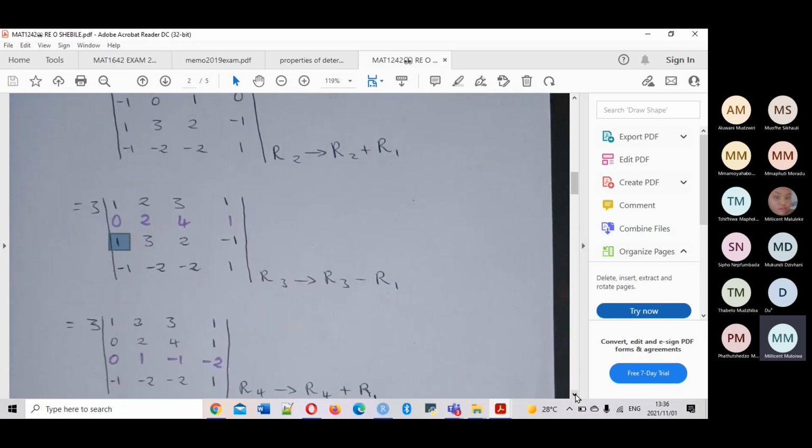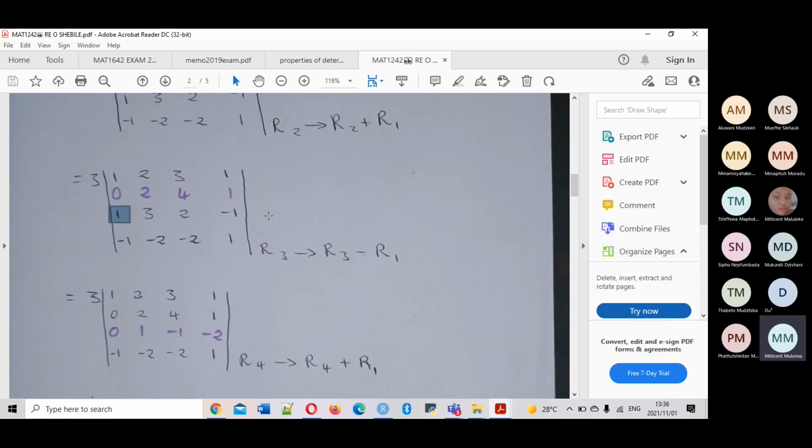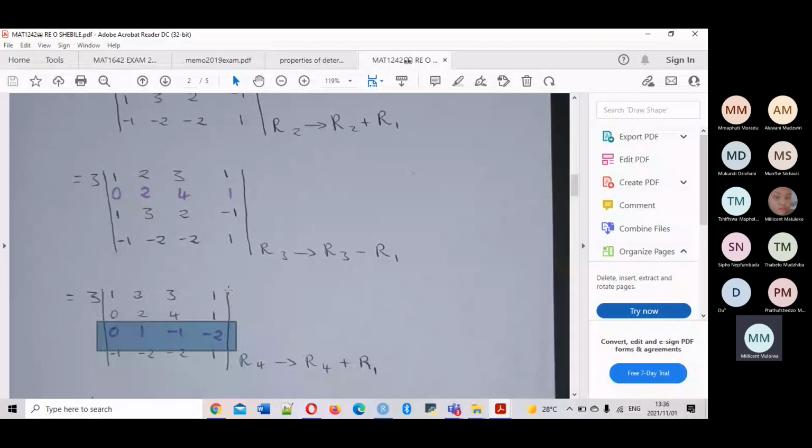Now, if you apply this row echelon form, you are going to obtain something like this. So when you are changing row 3, you focus on row 3 only. Those other rows, you are going to rewrite the way they are.